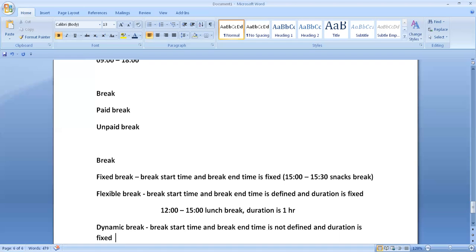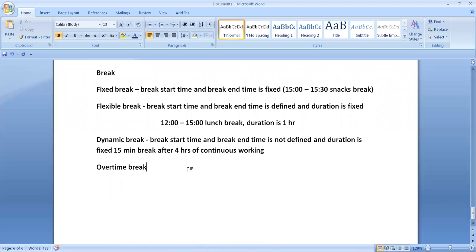You can say a 15-minute break after 4 hours of continuous working. This can be an example. All these are examples only. This snack break, tea break, they are examples only. It can be 4 hours, it can be 2 hours or whatever hours.